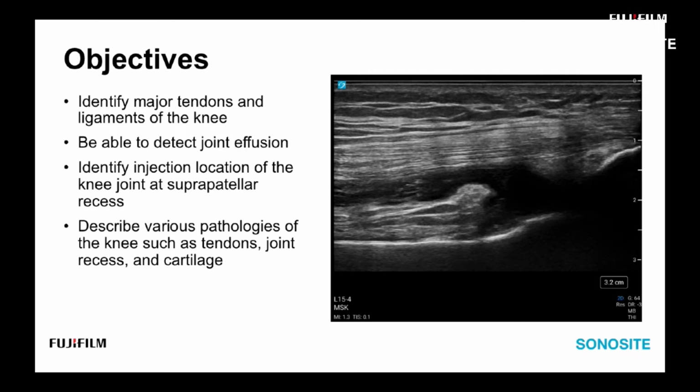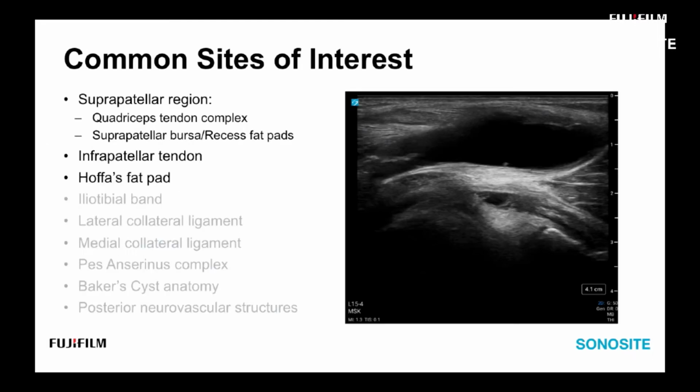We'll be describing various pathologies of the tendons, the joint recess itself, and the cartilage in this particular part one. Today, we're going to talk about the suprapatellar region, the quadriceps tendon complex, the suprapatellar bursa / recess, the fat pads, and the infrapatellar tendon, Hoffa's fat pad as well.